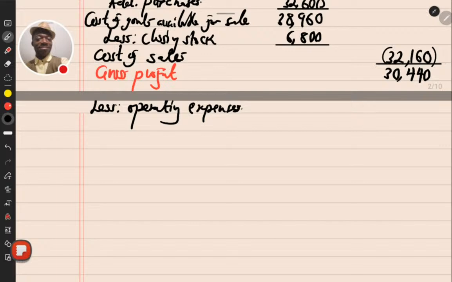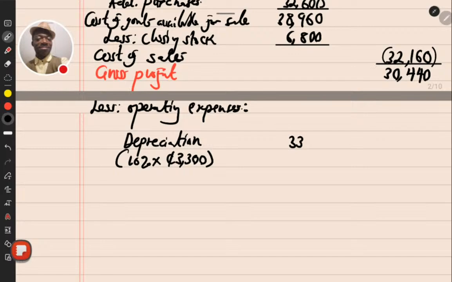So we'll have depreciation for the period. So we'll have depreciation to be 10%, multiplying fixtures cost of 3,300, and that should give us a depreciation value of 330.